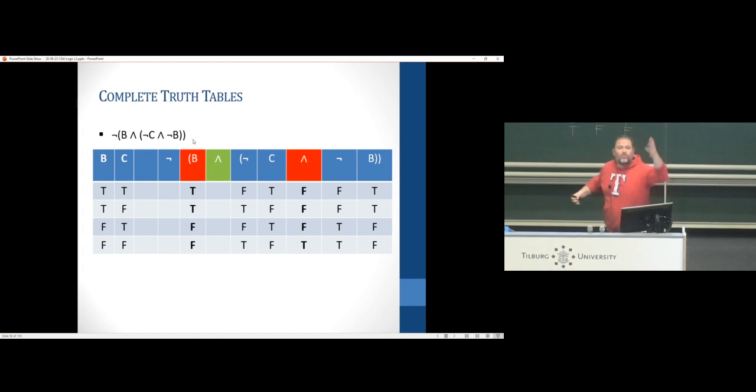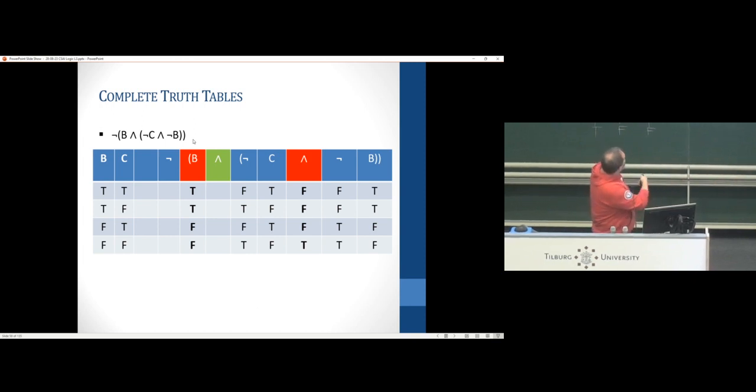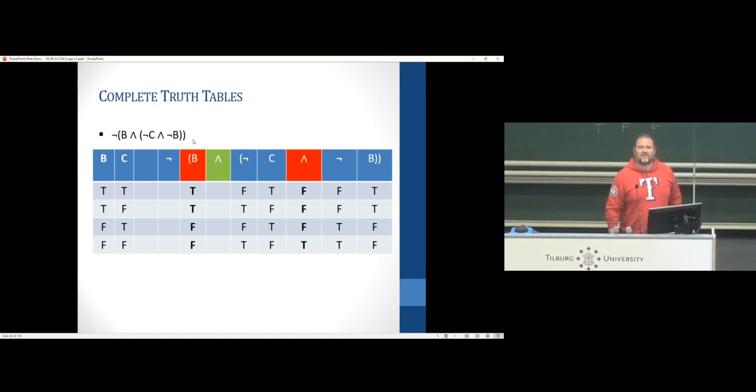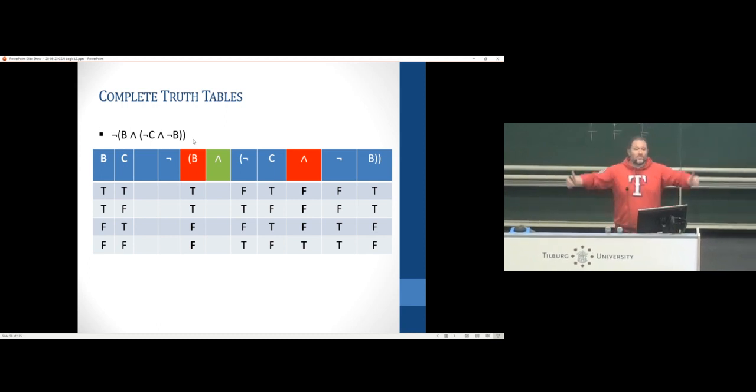Again, following the order of construction. So here, how's that column going to look? All false, right? Because there's no instance where both sides are true. Awesome. Okay.